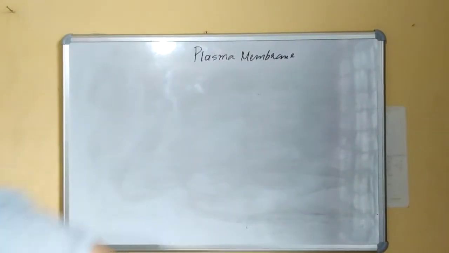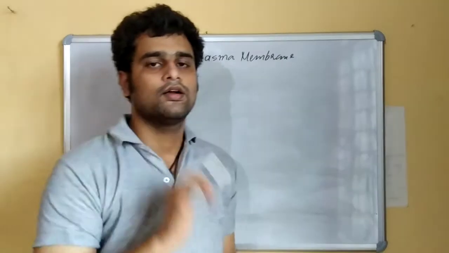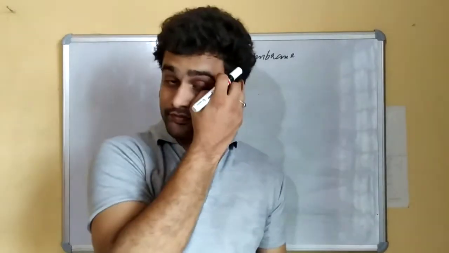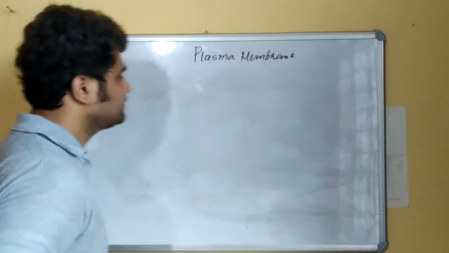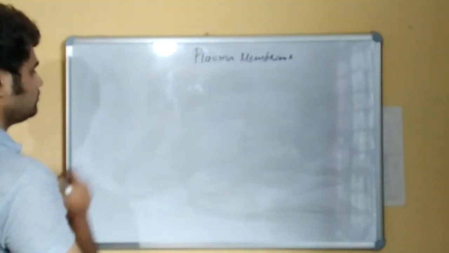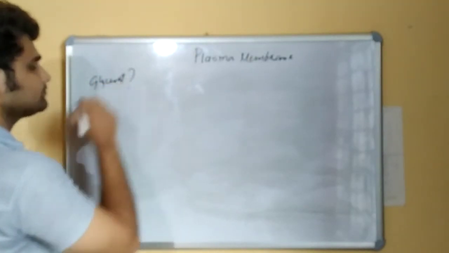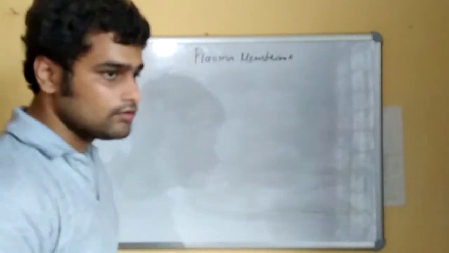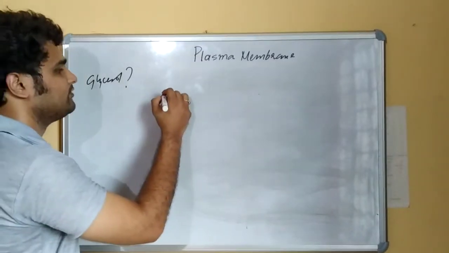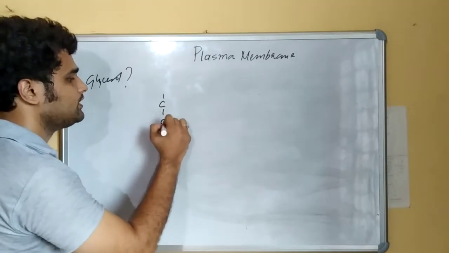Now, the next part, glycerol. What exactly is glycerol? Glycerol is a molecule having 3 carbons.